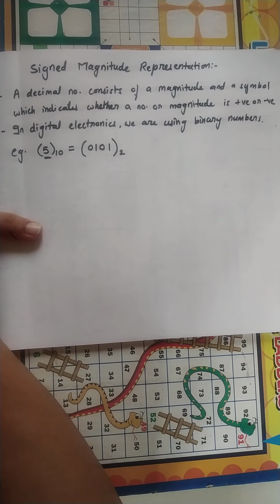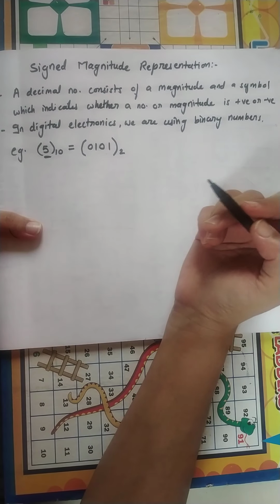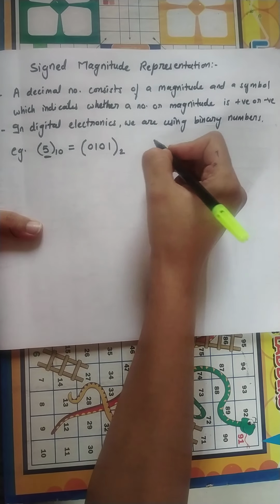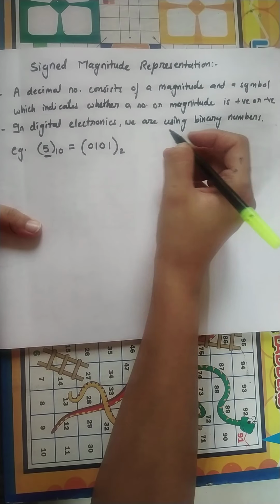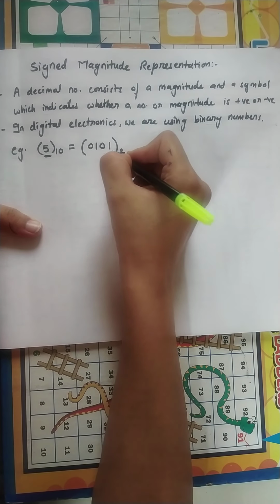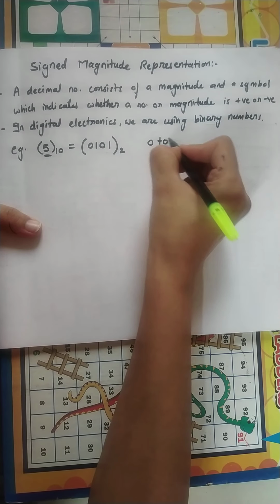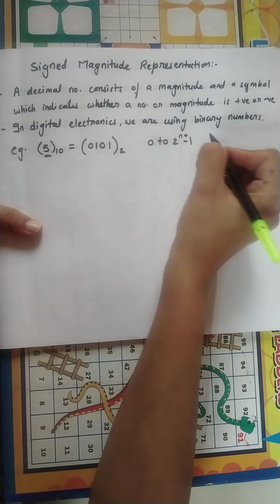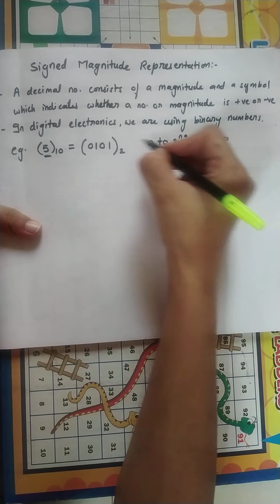Now next, by using these 4 bits, how many numbers can I write? That is 0 to 2 to the power n minus 1, where n is the number of bits.